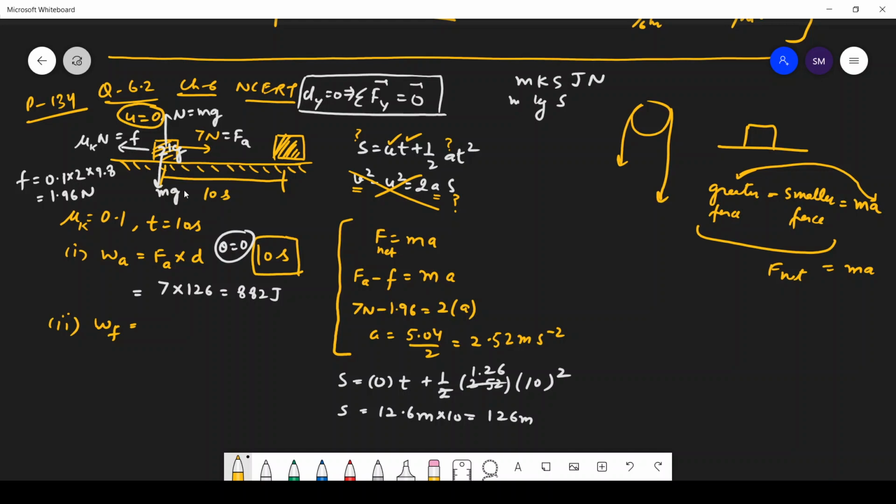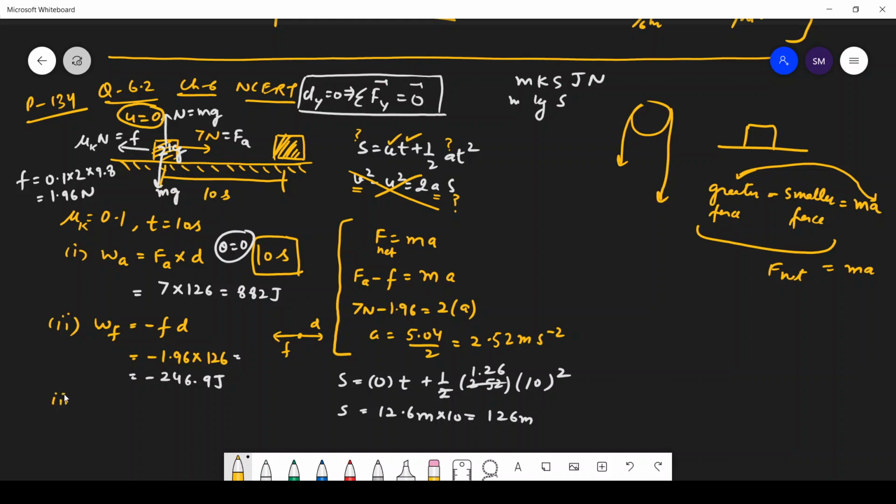Friction force is in this direction and displacement is in this direction, so the angle is 180 degrees, so it will be negative, so minus FD, that's equal to minus 1.96 into displacement, 126 meters, and this comes out to be minus 246.9 joules.